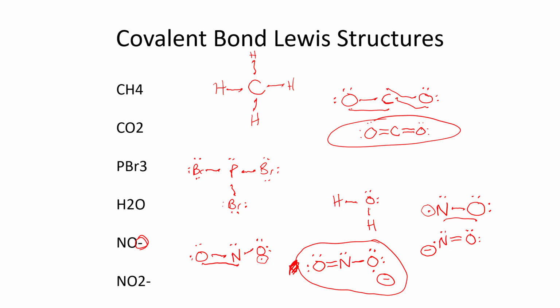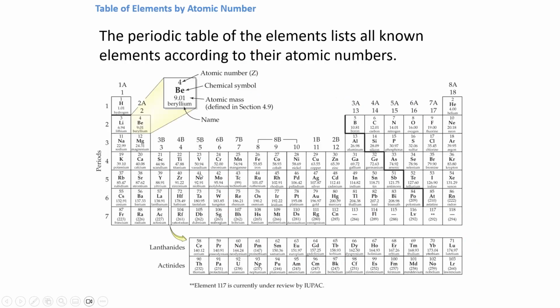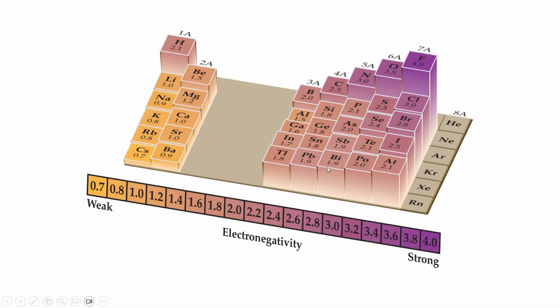If we go back to looking at some of these drawings, this is all even around it. So that's not considered polar. Here, it's in a straight line. CO2 is not considered polar. But here we have some bends where the electronegativity of bromine, if we go to this chart, we look at bromine is more electronegative than phosphorus.